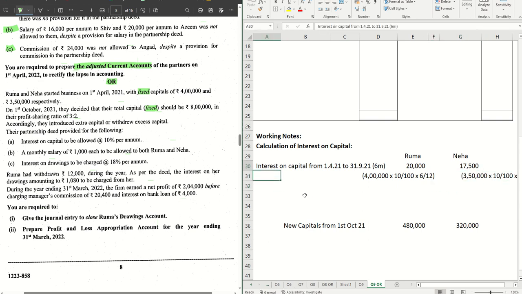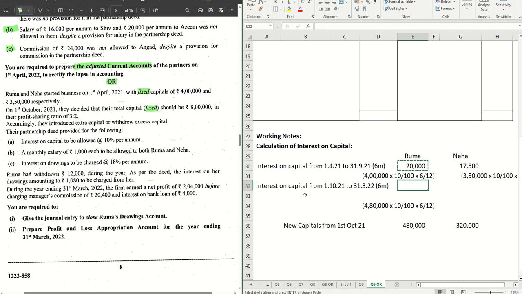Let's do it for the remaining 6 months. So this will be interest on capital from 1st October 21 till 31st March 22, which is again 6 months. So let's do the calculation here again, and this time this will be 4,80,000, right?